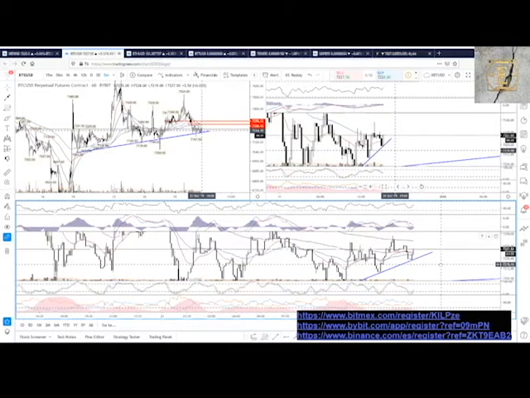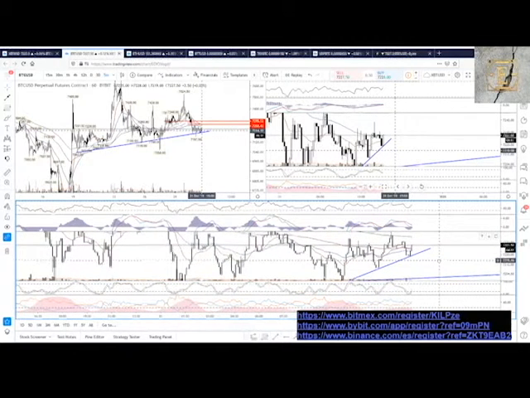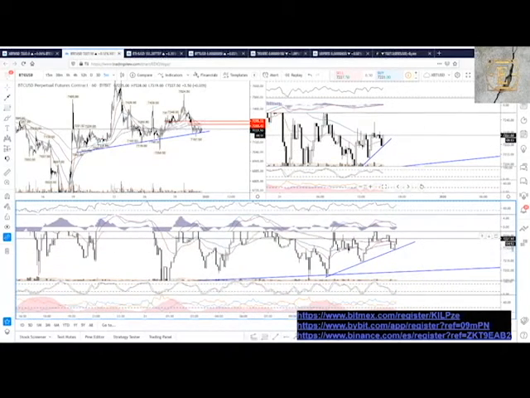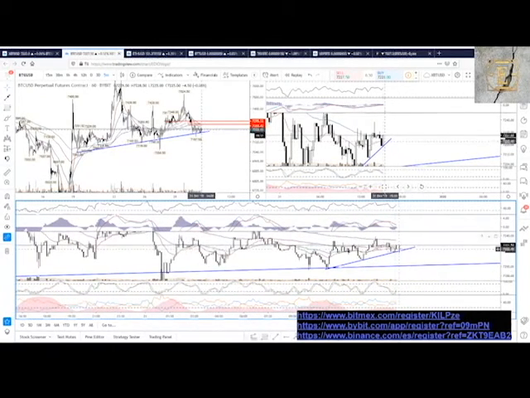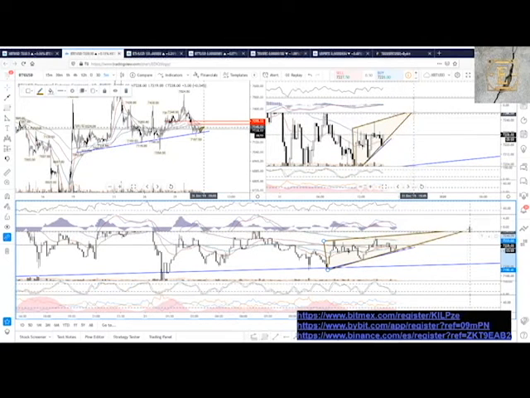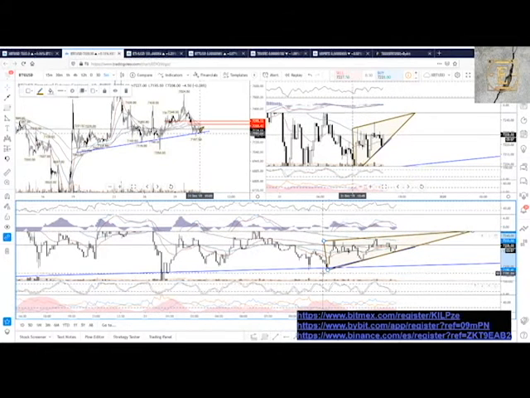Let's find some chart patterns here. So this can be a wedge. Okay, let's remove this trend line.